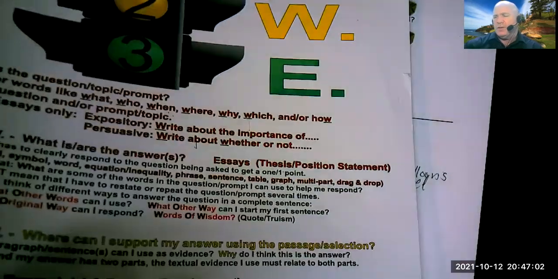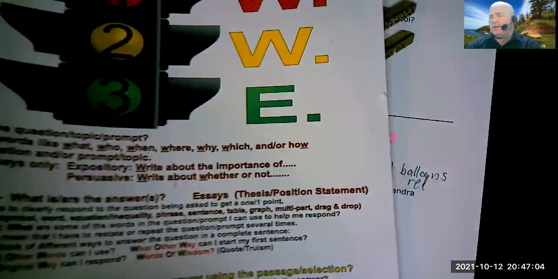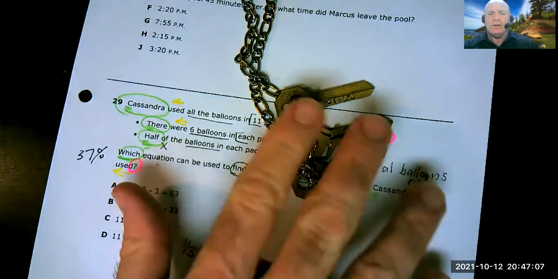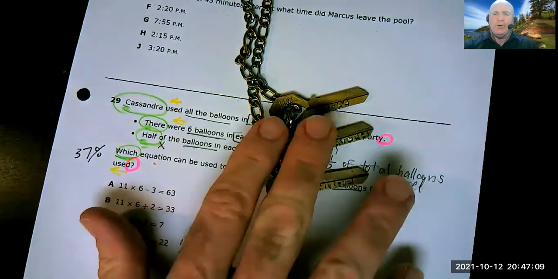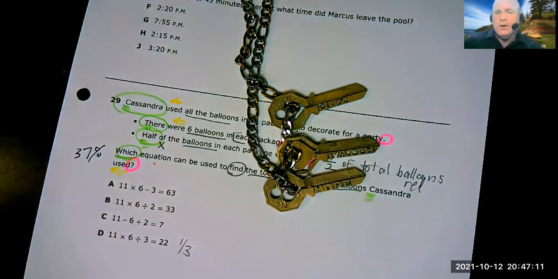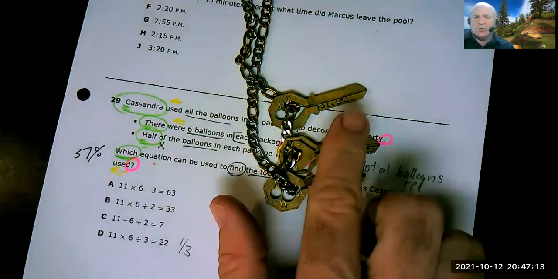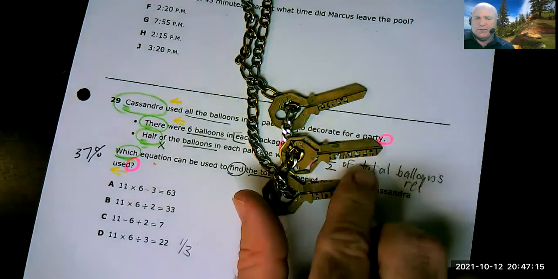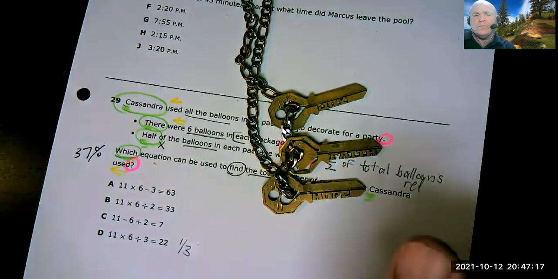So let me go ahead and show you real quickly my keys. I wear them every day. This one says joy, the second one says faith, and the third one says hope.